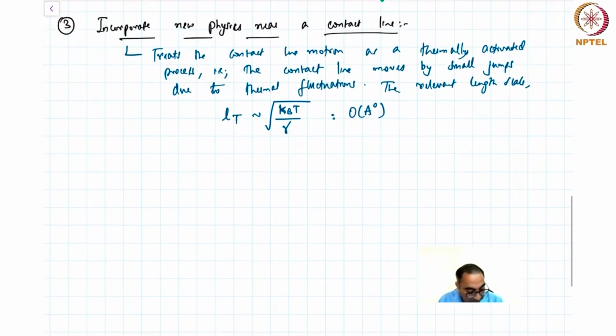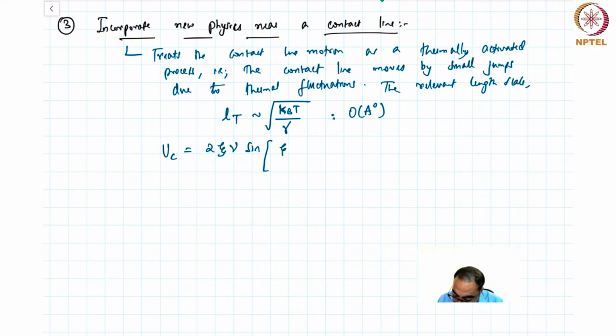And now from this we can calculate the speed of the contact line. The speed of the contact line will be something like 2 times xi nu, where xi is the scale related to the size of the jump. This is a generic feature of this model.